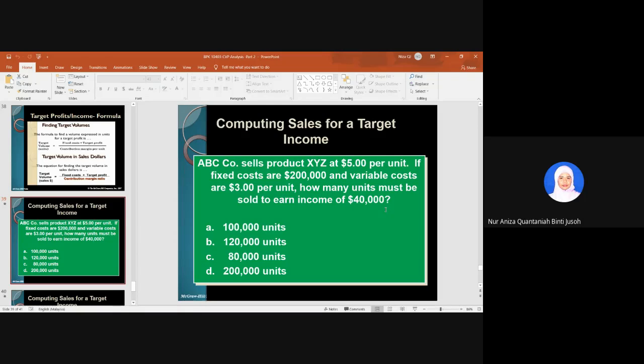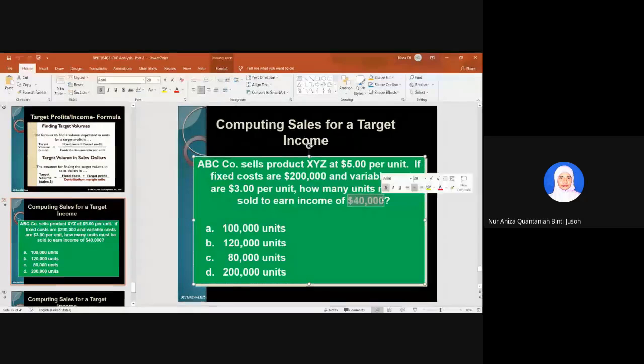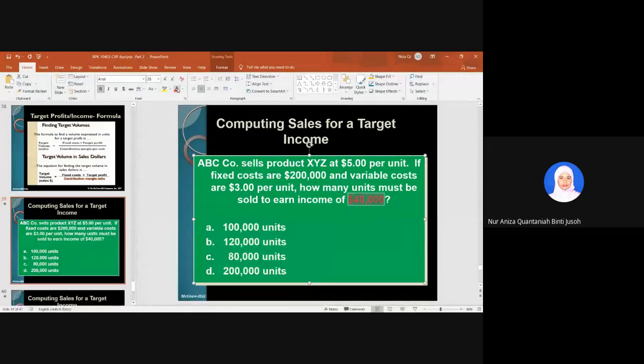Okay, yang ni kan? So now 200,000 plus 40,000, you dapat 240,000 and divide by the contribution margin. The previous contribution margin per unit was 2.